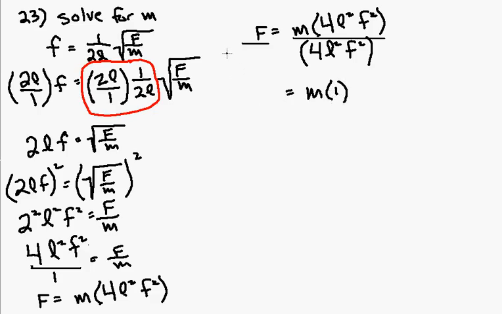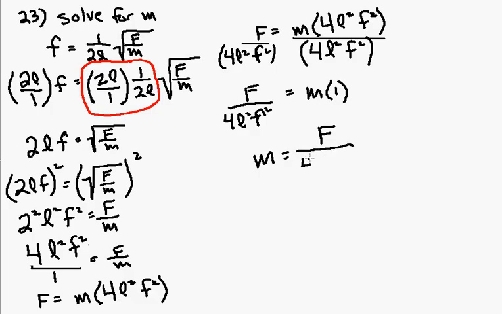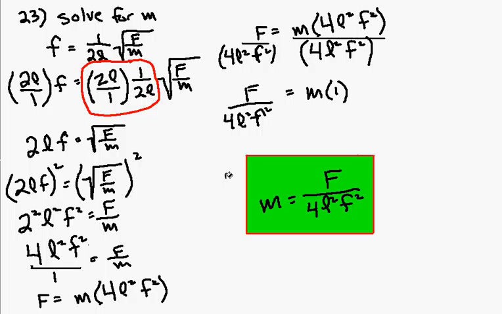Over here I have F over 4 L squared F squared. Finally, here's my final answer. M is equal to F over 4 L squared F squared. So that's my answer for problem number 23.